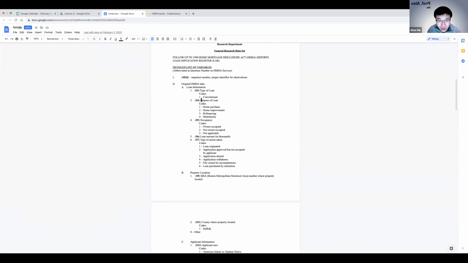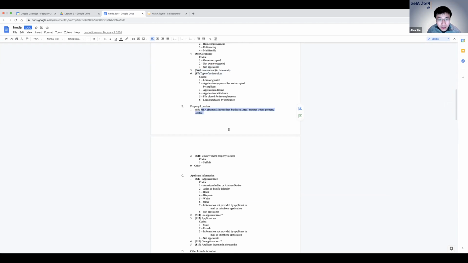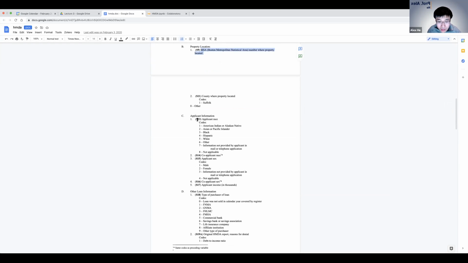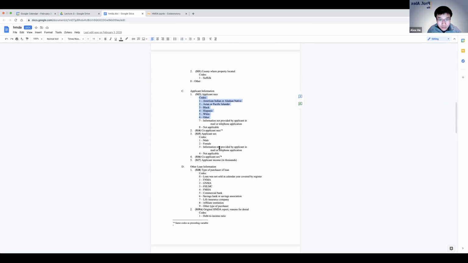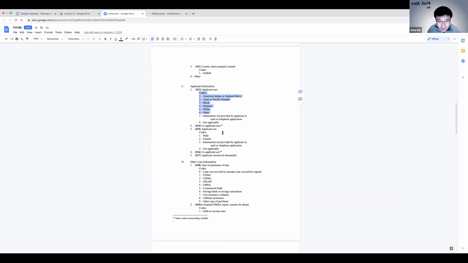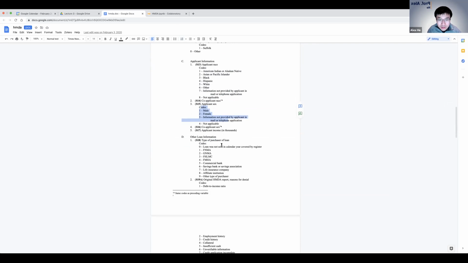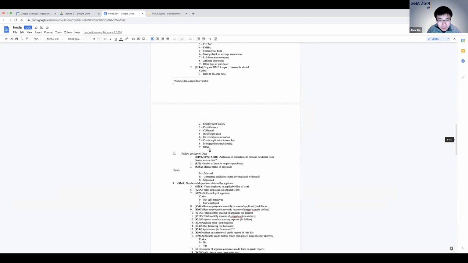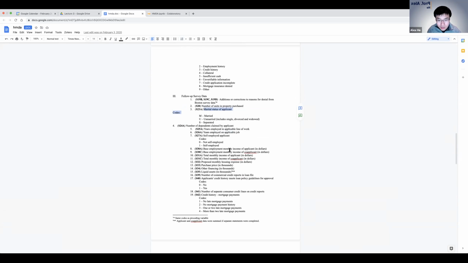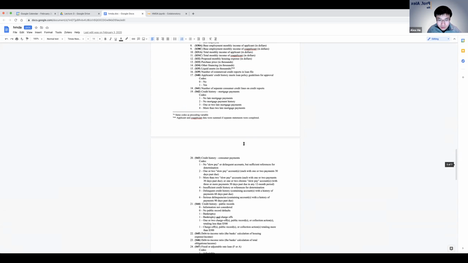So for example, first of all, you have the type of the loan and the amount of the loan. And then you have the characteristics of the property. And then the information about the applicant, what their race is, what their gender is, and whether they're married, whether they're self-employed, how many years they're employed, etc. Okay, so all of this is valuable information to the mortgage lender to assess how credible the borrowers are, right?